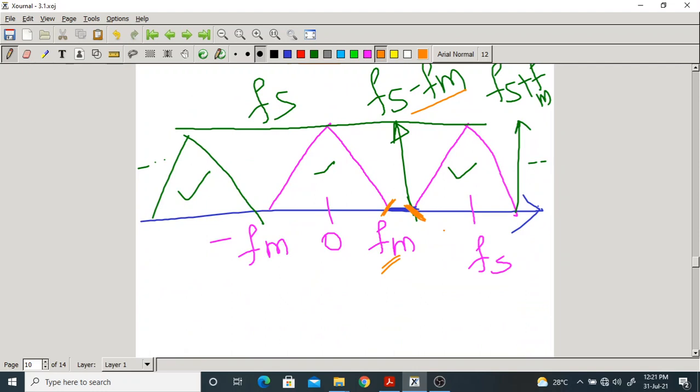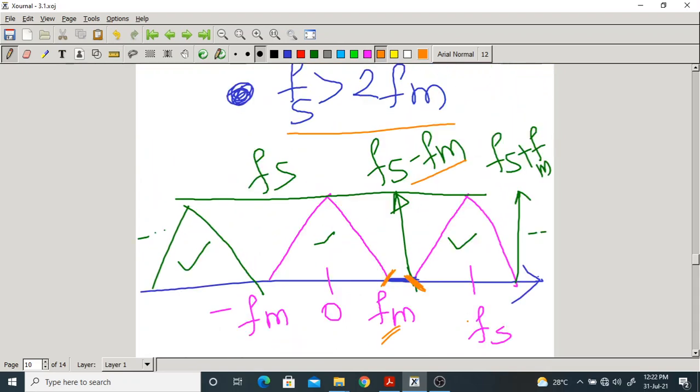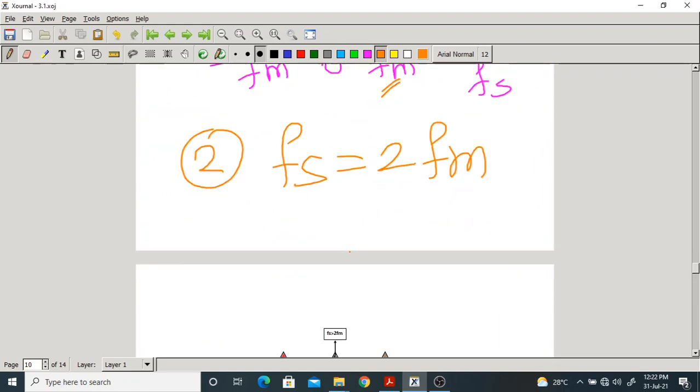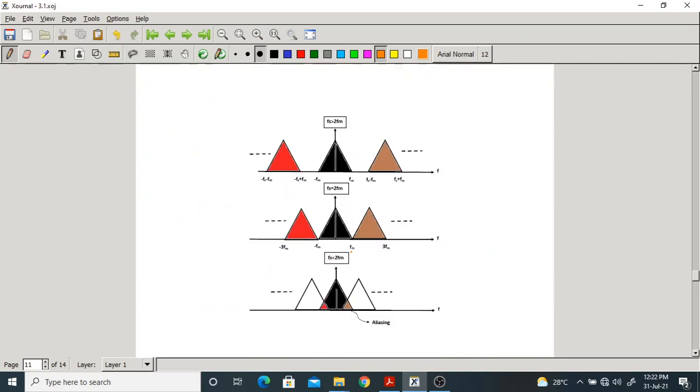Case 2: if Fs is exactly equal to 2fm, then Fs minus Fm equals Fm, which means the copies will touch each other. They are called copies or replicas. They will touch each other. In case 3, what will happen? They will overlap. This is case 1: whenever Fs is more than 2fm, the copies or replicas have a gap between the successive copies.